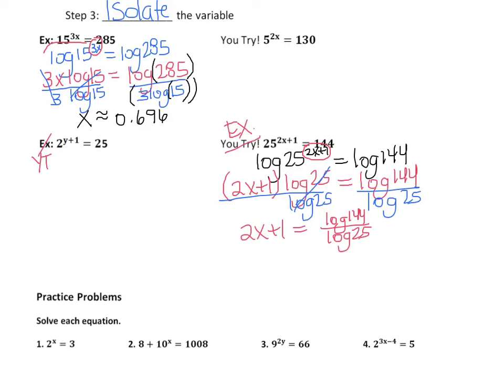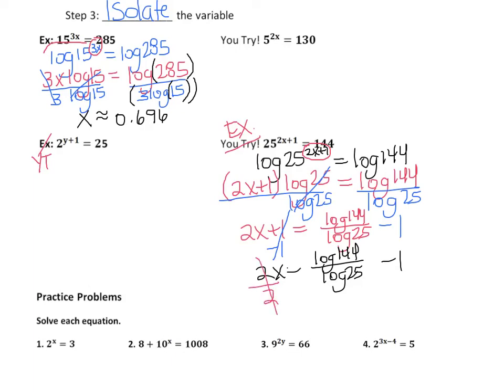Now to solve for x, I have two things I need to do. First I need to subtract 1, and that's going to cancel out this 1, and I'll get 2x is equal to log of 144 divided by log of 25 minus 1, and then to isolate x all the way, I need to divide by 2.